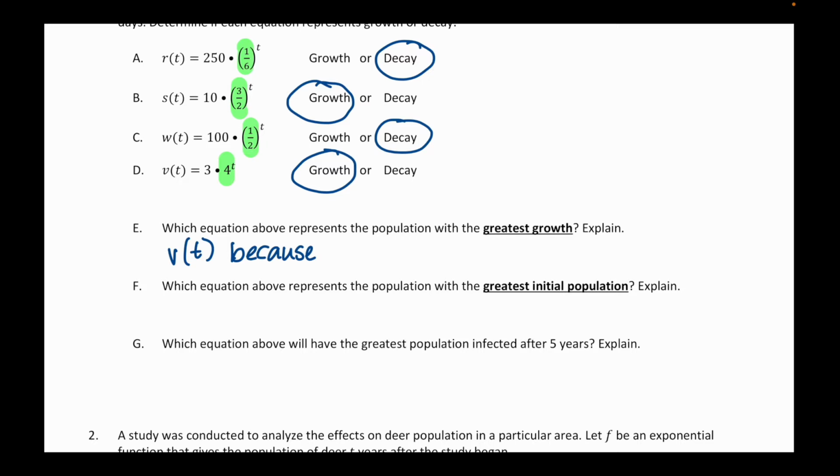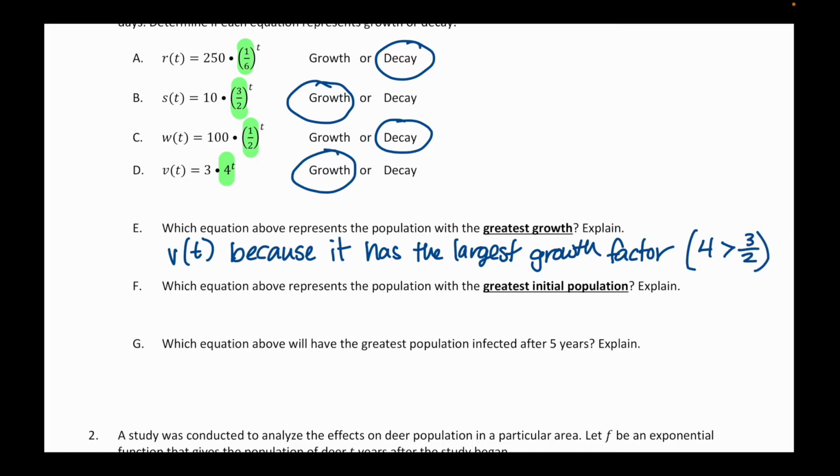And to clarify, we can say that 4 is greater than 3 over 2 because that was the only other one that represented growth.